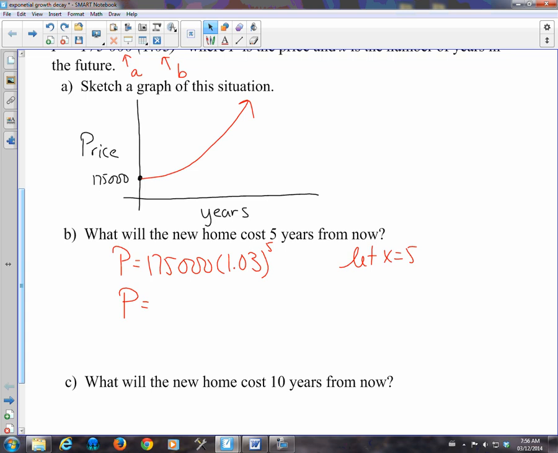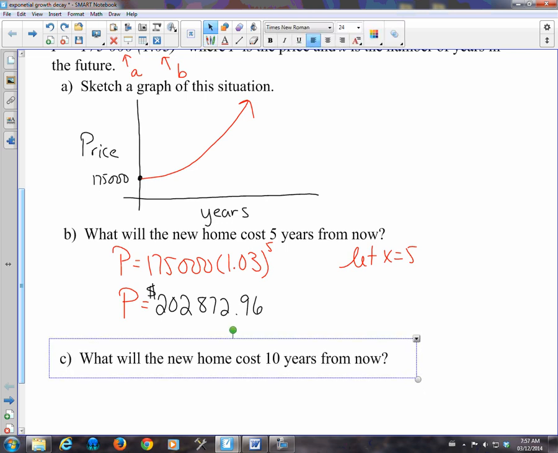So I've got 175,000 times 1.03 to the exponent 5. So after 5 years, that house should be worth $202,872.96.